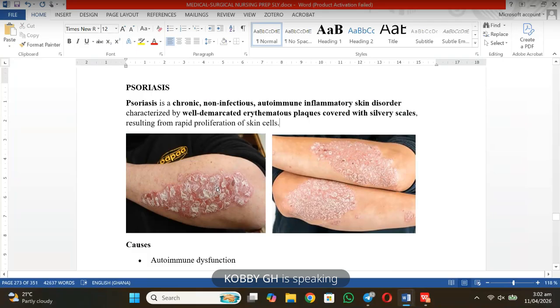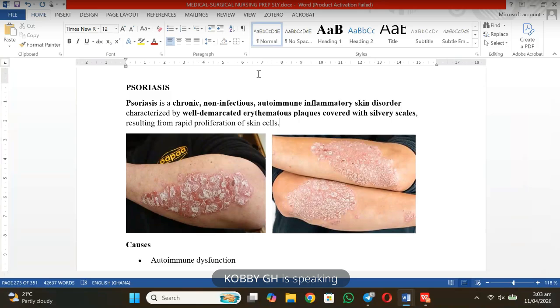So psoriasis is also a non-infectious autoimmune condition. Now the difference is that psoriasis is an autoimmune condition of the skin, so your immune system is affecting the skin. That's how you'll be able to tell psoriasis and dermatitis apart.